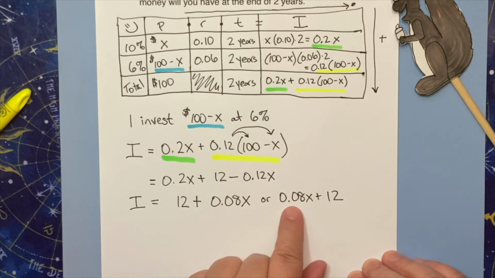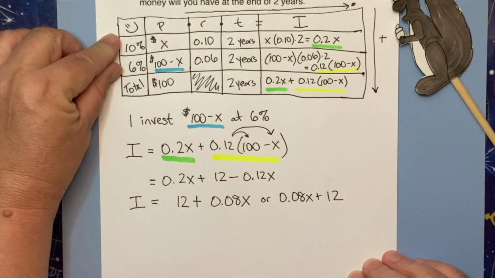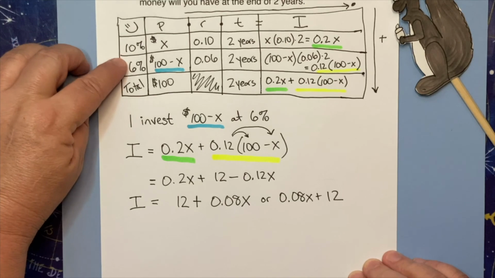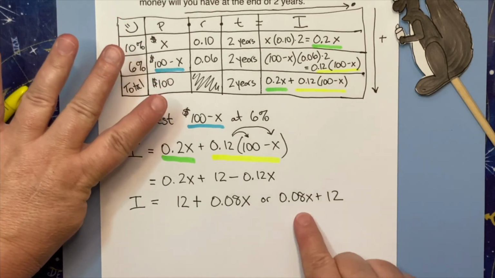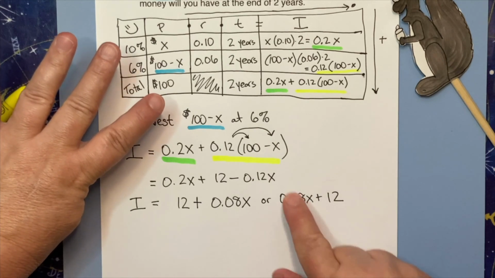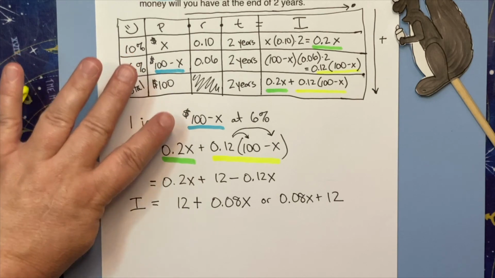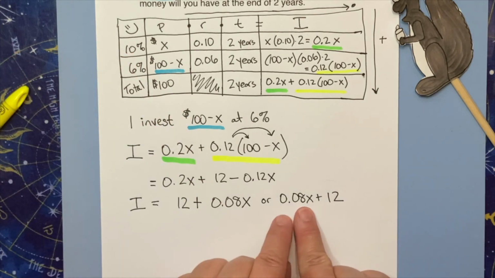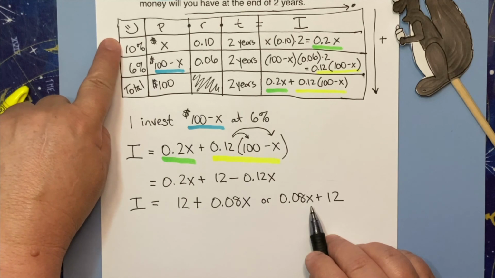So then what is 0.08? What's the difference in the two interest rates? One is 10%, one is 6%. The difference is 4%, right? So where does 8 come from? Well, this is over 2 years. So 4% plus 4%, that's the additional interest you get for every dollar you invest at 10%.